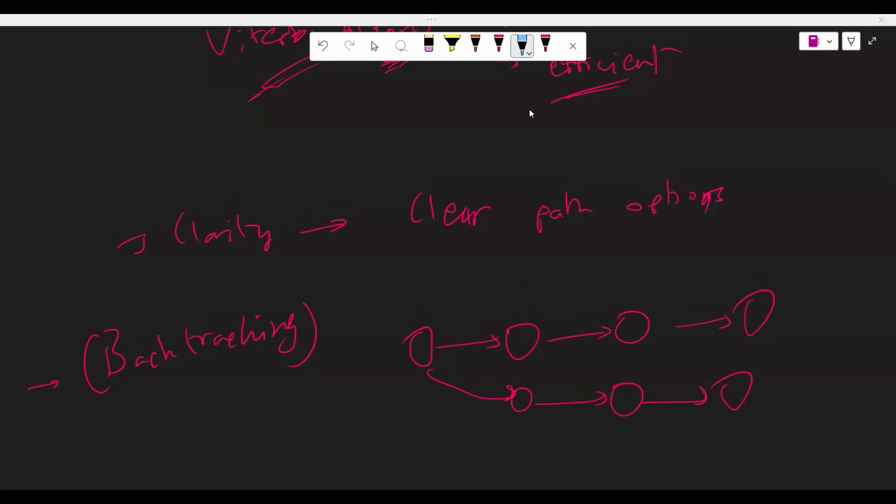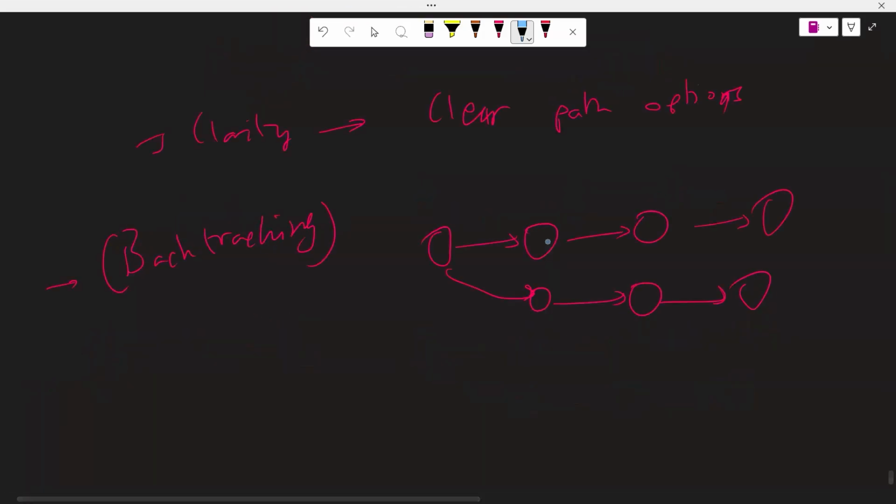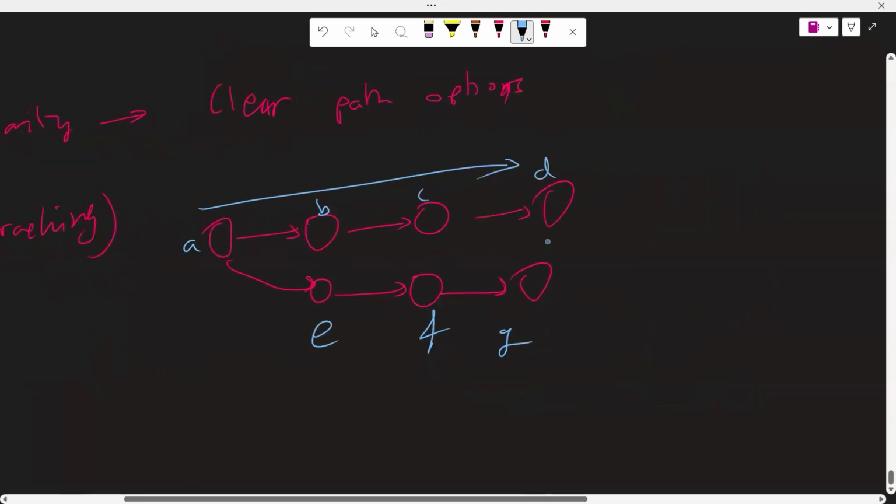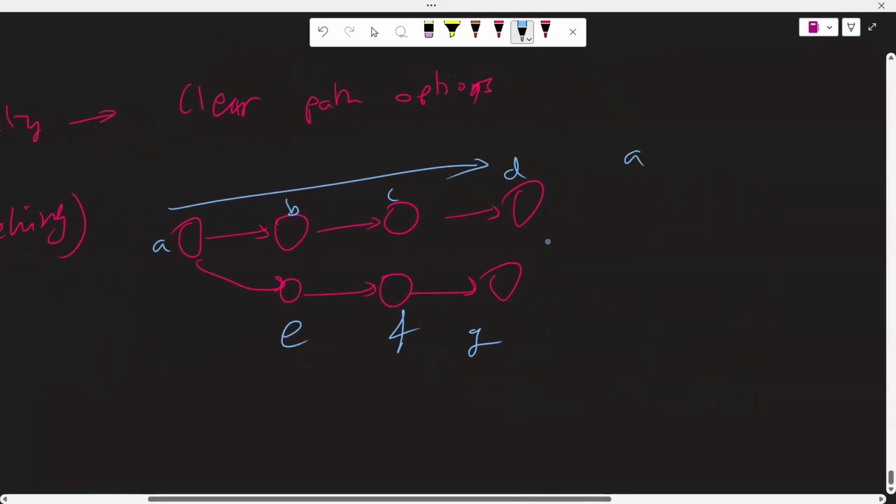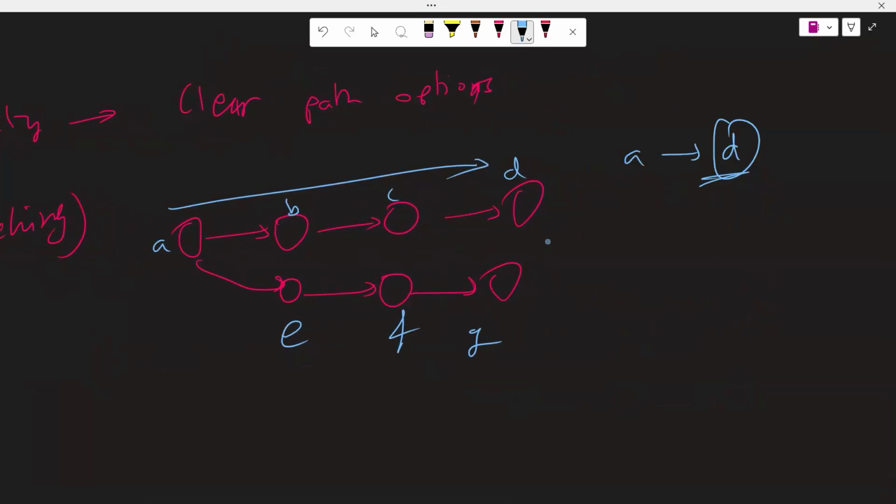You will have to backtrack starting from the final state using the pointers that were saved at the time you came along. So let's say you travel through this path. Let's call this node A, node B, node C, node D, this E, F, G. So now that you took the ABCD path and you moved from A to D, where D is your final state, it says that, hey, I want you to remember that you have taken a path of A, B, C, and D.